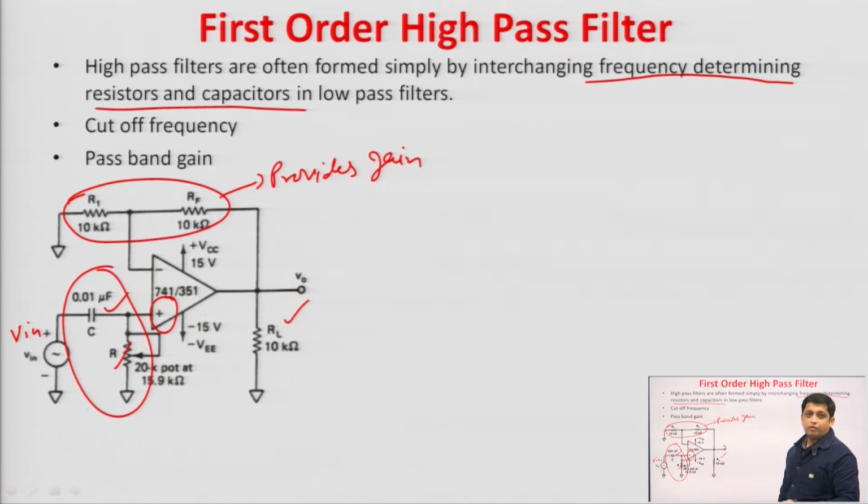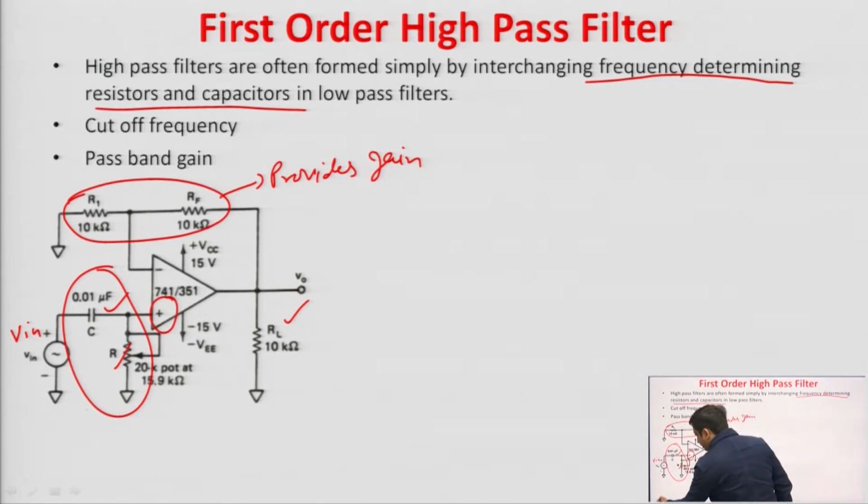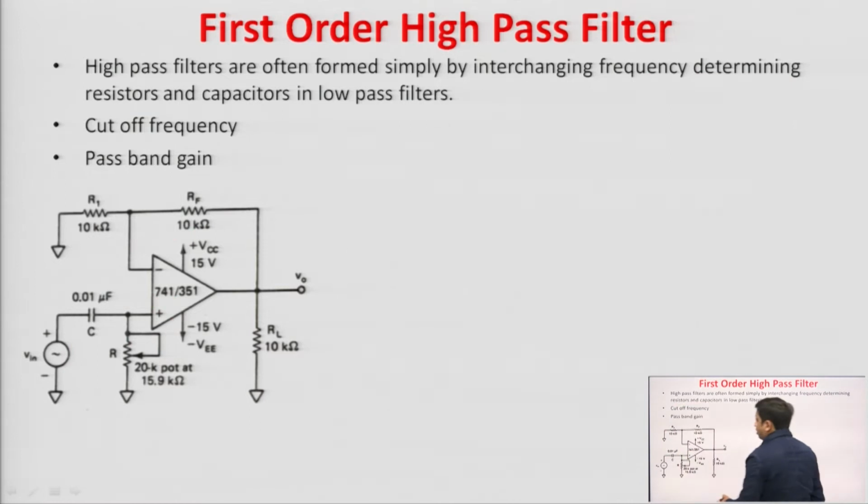Now, we can calculate the transfer function of this first order high pass filter. To calculate it, firstly we should find out the value of V1, the voltage at the non-inverting terminal.